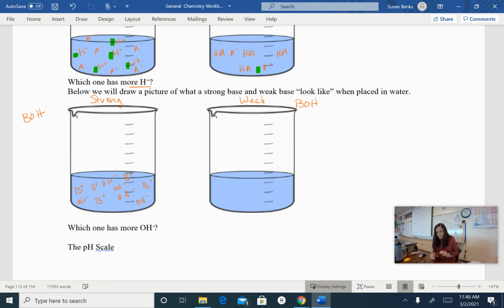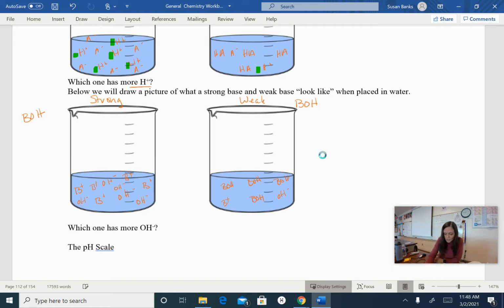Okay, they're going to be individual ions floating around, but in a weak, they're going to stick together. So I'm going to have a bunch that are stuck together. And one that is apart.